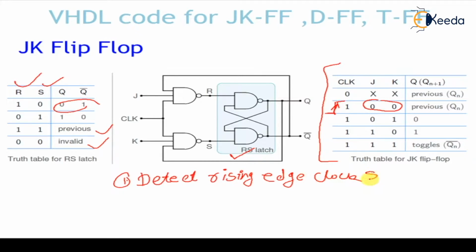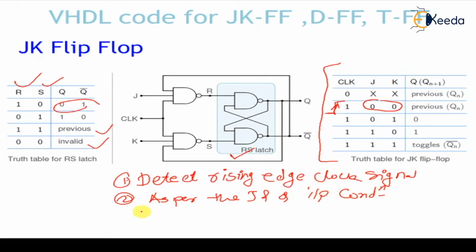The highest priority goes to detecting the rising edge, then second, as per the J and K input conditions, generate a Q output.